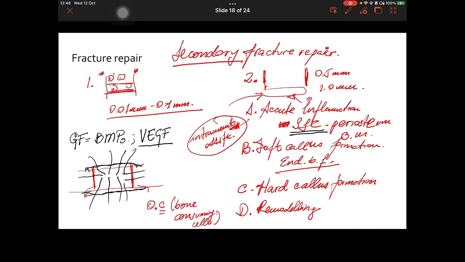There are other types of growth factors that are important in this interplay, in this entirely orchestrated sequence of events, which are the fibroblast growth factors and TGF beta as well, transforming growth factor beta. So that's how the body repairs a fracture that first has to be kept immobilized and reduced.